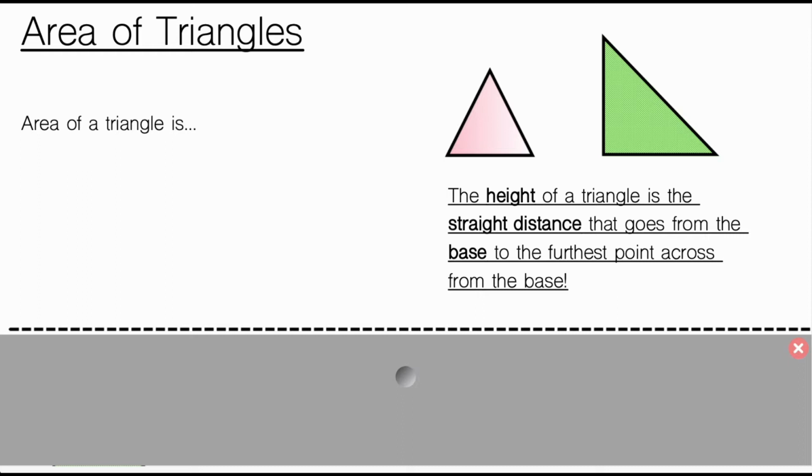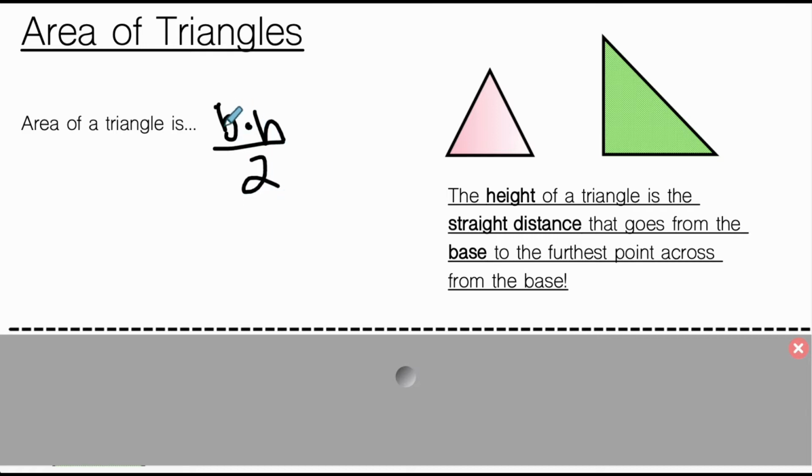First, let's do the same thing that we did yesterday. Let's start by redoing the basics of triangles. To find the area of a triangle, you take the product of the base and the height. Product means multiply, but then halving that, so cutting that in half.